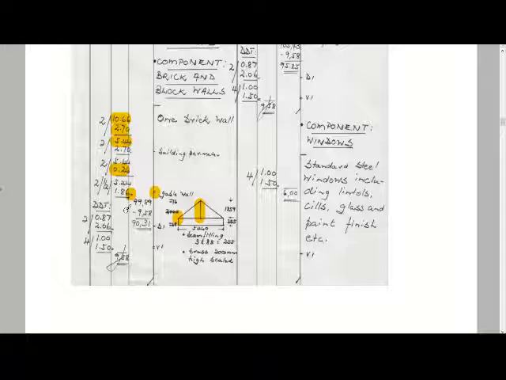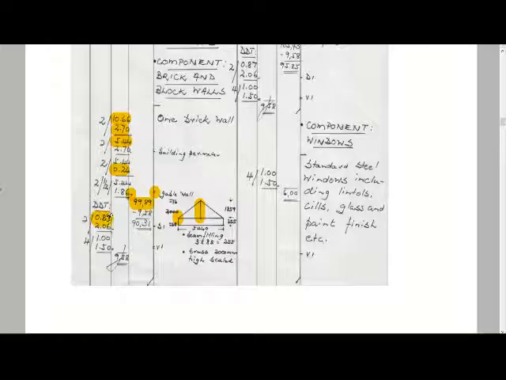Then what they've done here, they've calculated all of these items. So what will happen in this case is all of these square meter areas are then added up to get to 99, and then you will see they've done a deduction for your doors.